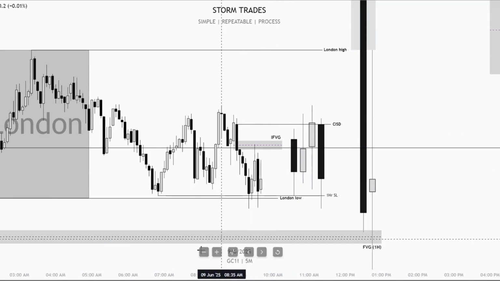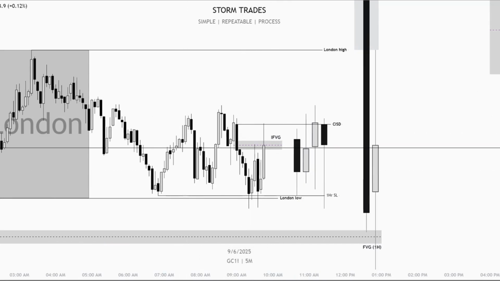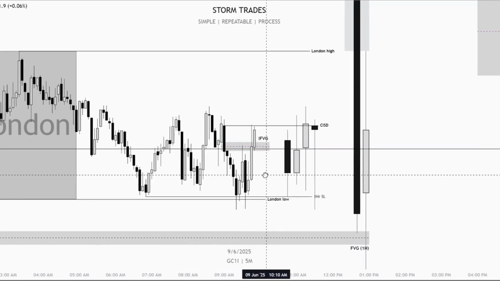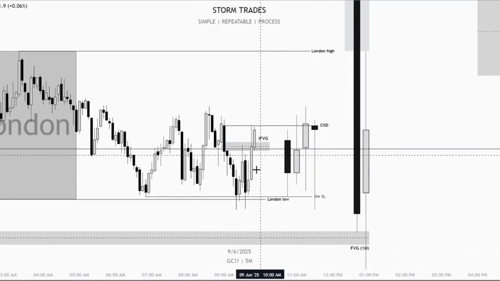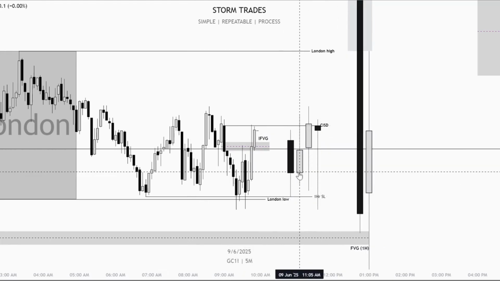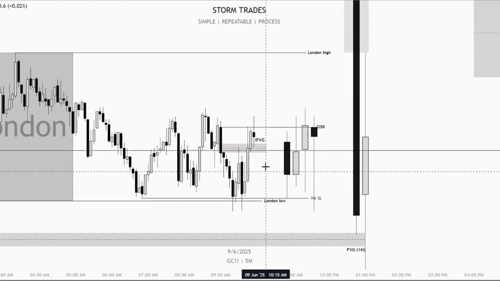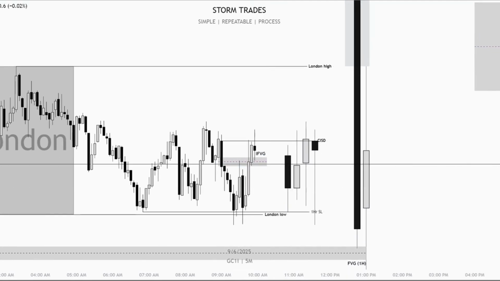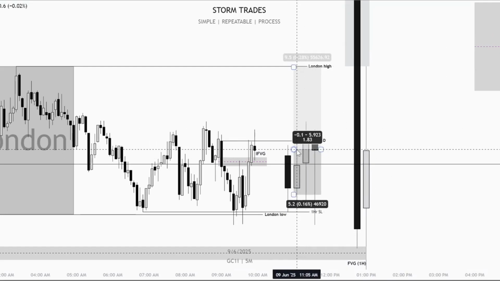Right there, we were supported by it. We come back down, and on this very next candle, we blast through it. I wanted to see a pullback here. And on this candle, where we tested the inversion fair value gap, I looked to enter.